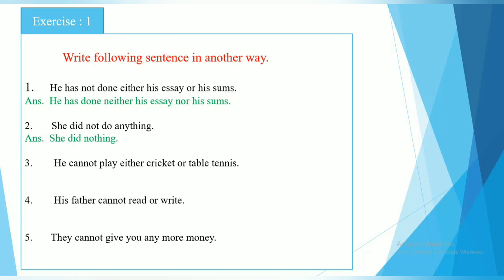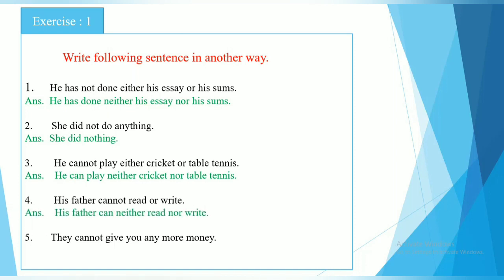Number 3. He cannot play either cricket or table tennis. Answer, he can play neither cricket nor table tennis. Number 4. His father cannot read or write.